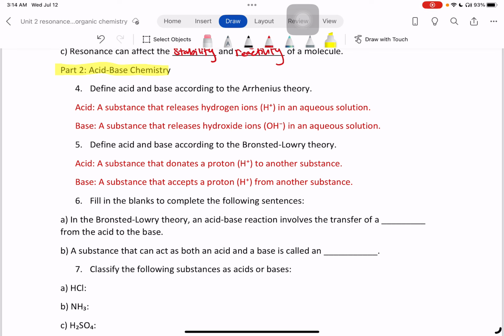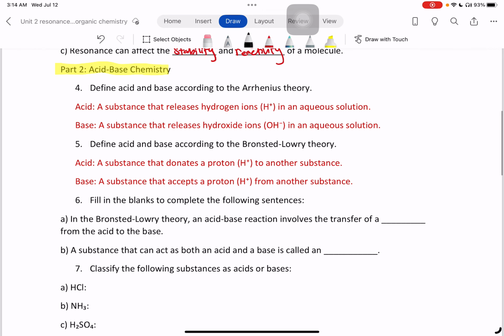So we can see that, for example, water can fit in both of these. It can sometimes act as a base, sometimes as an acid, because H2O is actually HOH. In the first case, it is acting as an acid when it reacts with a base, let's say NH3.